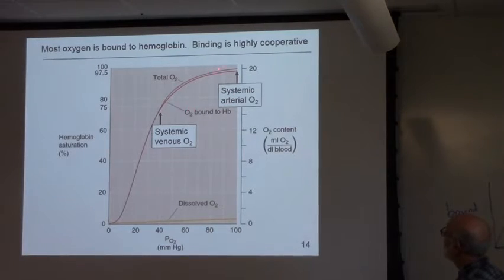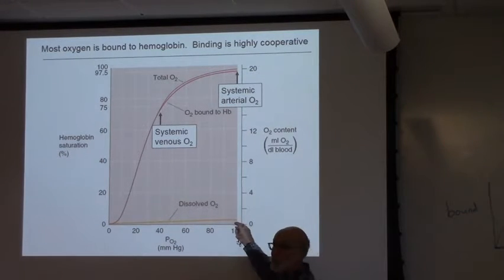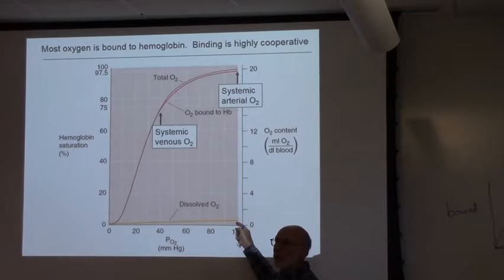So this hemoglobin binding curve is really important because that's what allows us to carry enough oxygen. If we depended on just carrying oxygen dissolved, we wouldn't be cities.